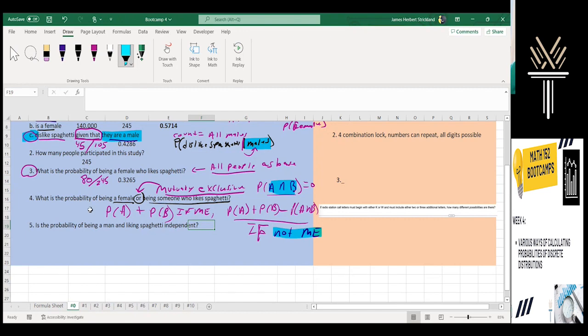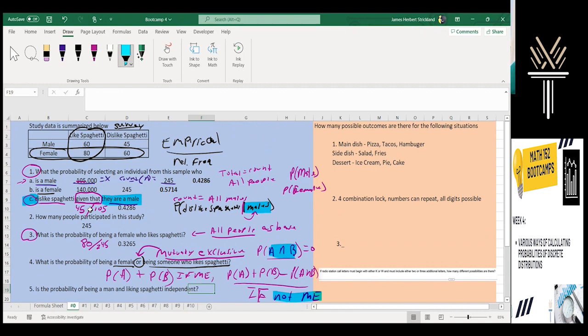So let's jump back to this question, females and those who like spaghetti. If I look at those who are female and those who like spaghetti, are there female people who like spaghetti? Yes. So they're not mutually exclusive. It's not mutually exclusive right here where they overlap. So we have to subtract out that value, that 80.